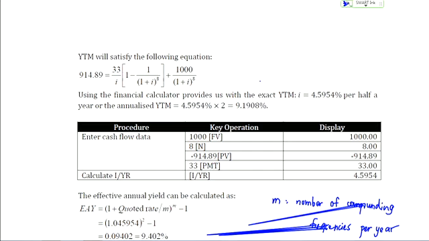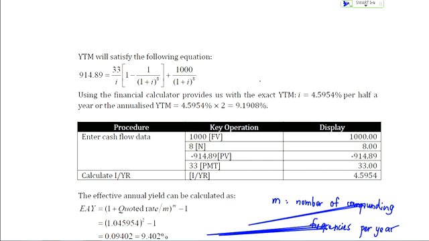So if you plug in the formula here, 1 plus quoted rate divided by 2, it is exactly what you can find from your financial calculator. If you don't want to think about that hard, you can simply put that number back, 9.1908% divided by 2, to the power of 2, minus 1, and you should get the answer of 9.4%.